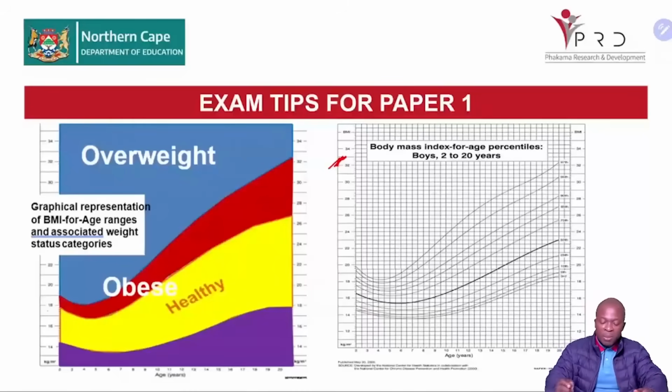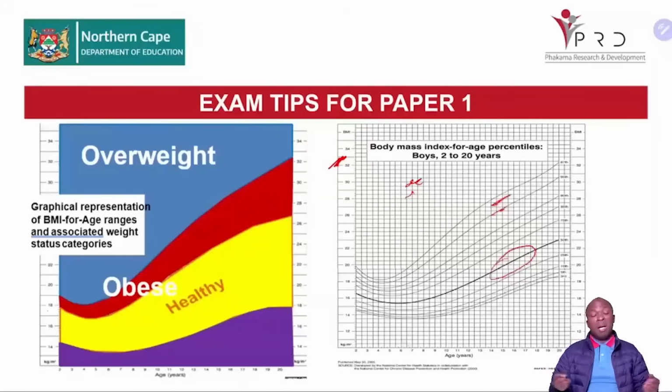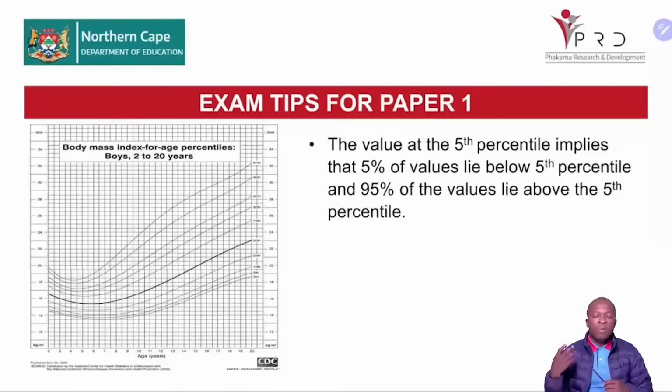But this is what we mean. Anything here is overweight. If you are within this line, you are at risk. When you are around this space, you are healthy. Anything below that space, you are underweight. So you need to get your fact straight.